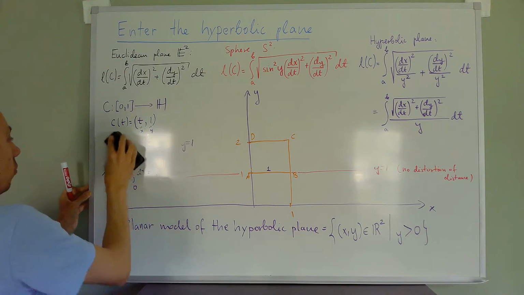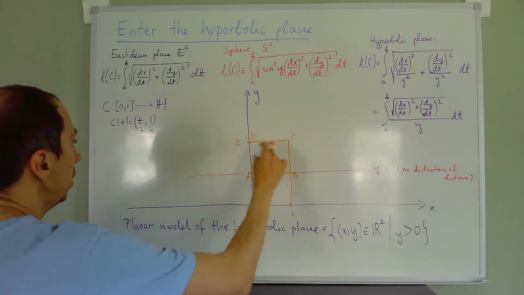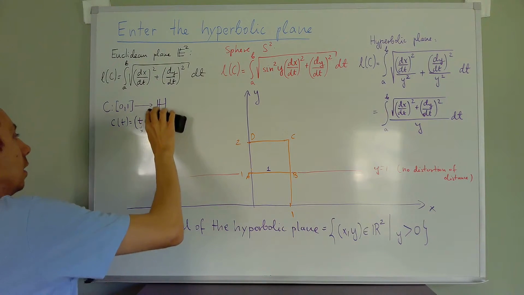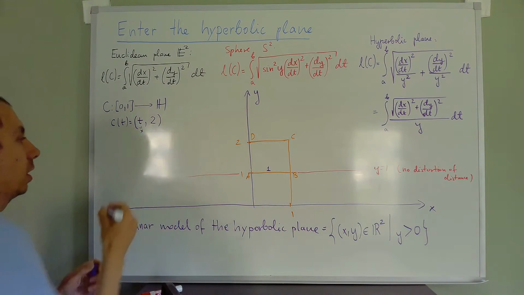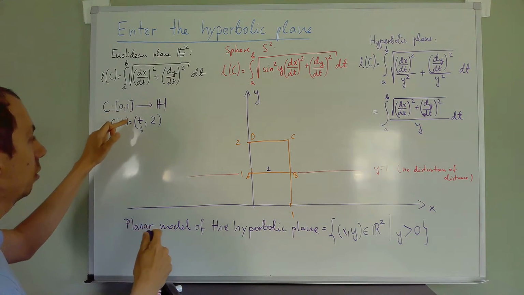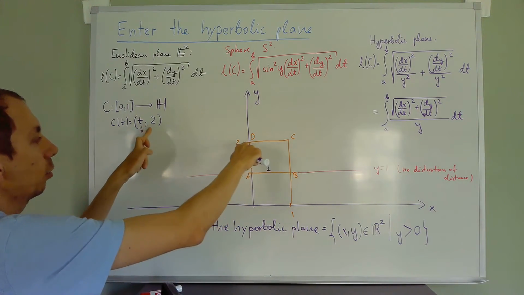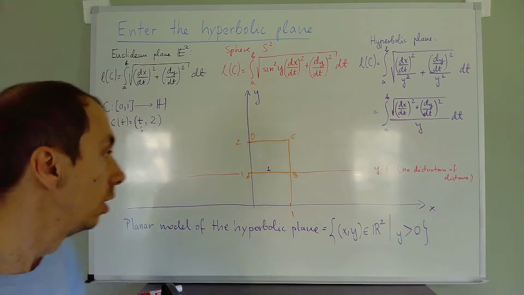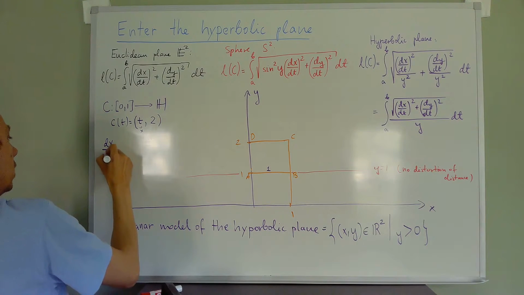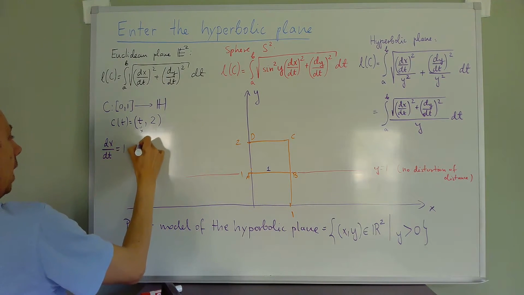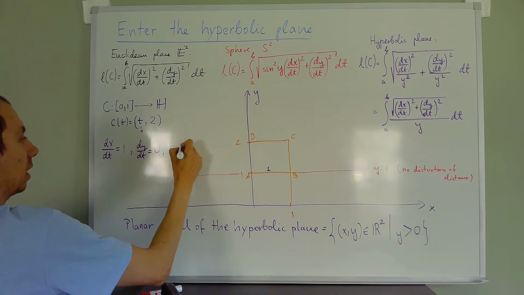But let's see what happens on this line segment DC here. Again, I reparameterize my curve, now going from D to C. What's the change in the formula? The only change is that the y-coordinate becomes 2. So as t goes from 0 to 1, the x-coordinate goes from 0 to 1, and the y-coordinate stays 2. I need to compute all the derivatives. dx over dt is still 1, and dy over dt is still 0, except that now y is 2.